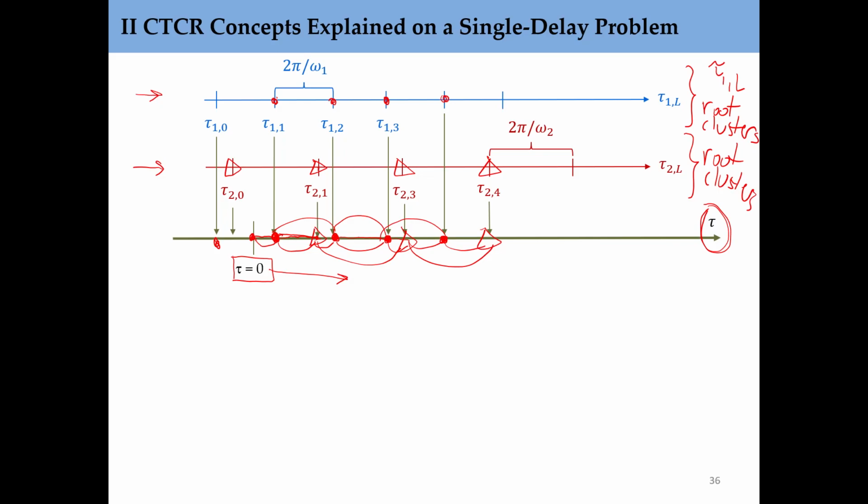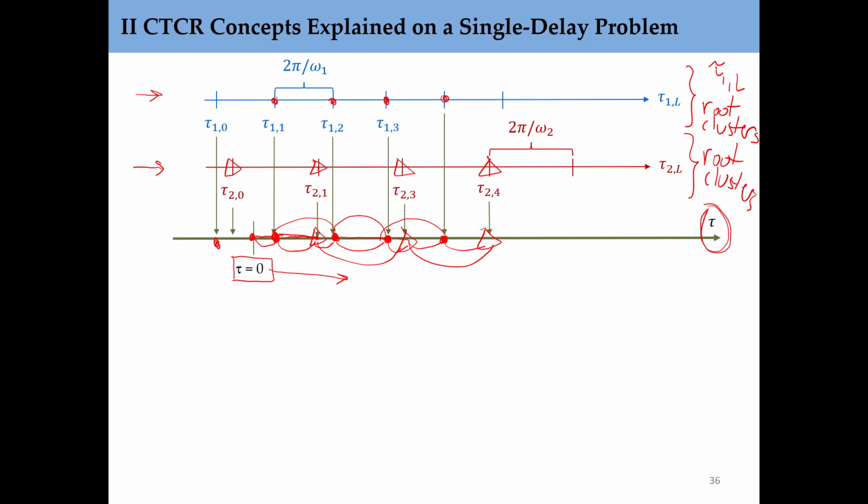So each root cluster is associated with a frequency, and at that frequency j omega, infinitely many poles or roots will cross, for infinitely many delay values that are periodically spaced.